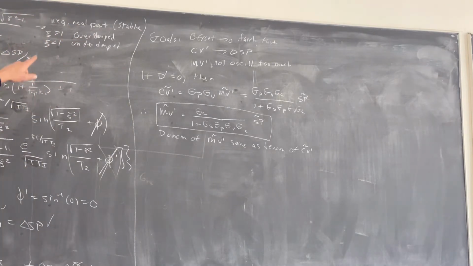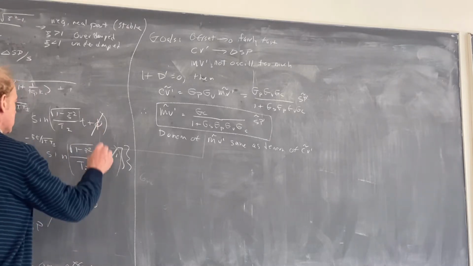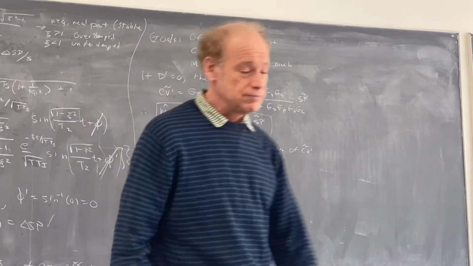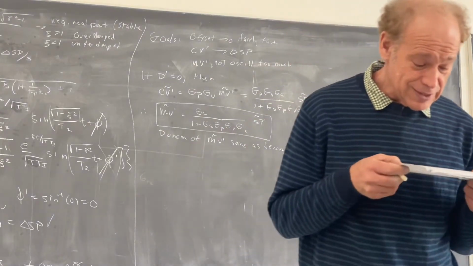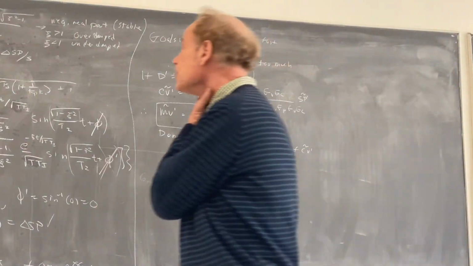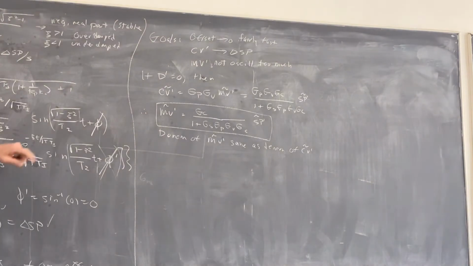And that's when zeta is very small. When zeta is very small, I think I probably needed a T here. Did I leave out that T? Yes, I left out the T. So the smaller zeta gets, the bigger the frequency is.